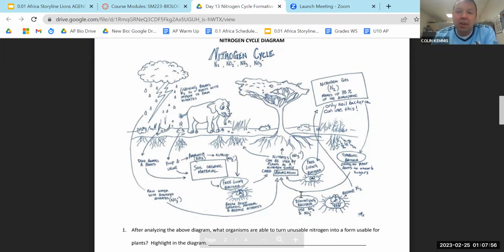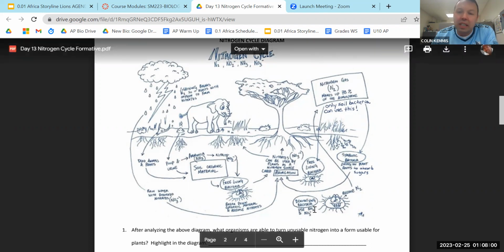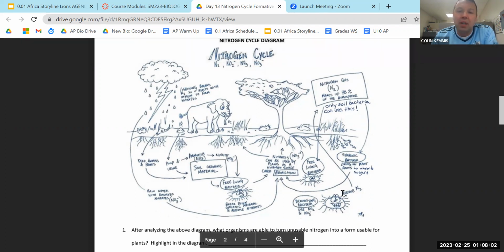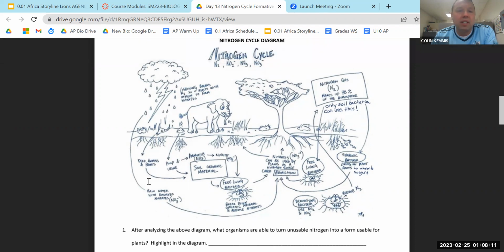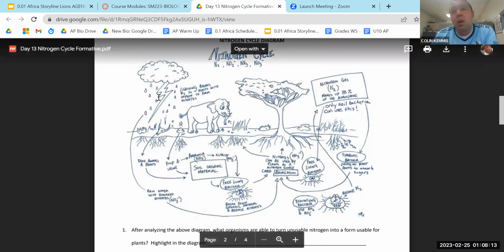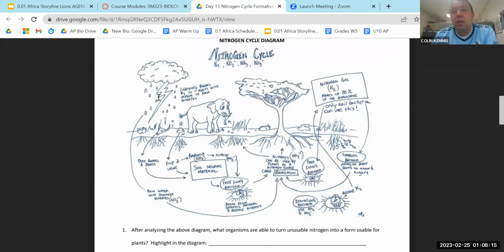And then here's the bacteria that releases N2 gas back into the atmosphere. Denitrifying bacteria, the key ideas there. There's another inorganic way that some nitrogen is formed into nitrates and nitrites. That's through lightning. There will be small amounts of nitrogen gas turned into nitrates.